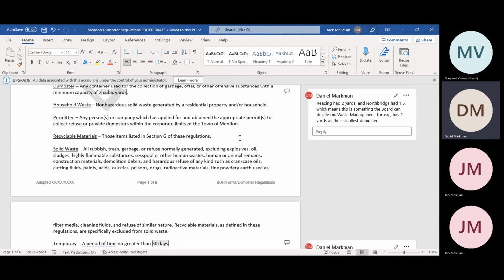Yep. The purpose of separating out these two is because it's my understanding that a lot of licensed haulers will haul household waste separate from other forms of waste. Solid waste is defined herein specifically so that there's an opportunity to indicate what substances are excluded. It's kind of strange. The reason why solid waste is put into these regulations is specifically to define everything it isn't, rather than what it is.